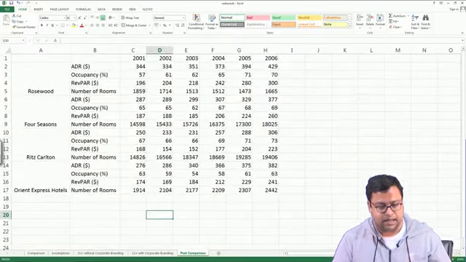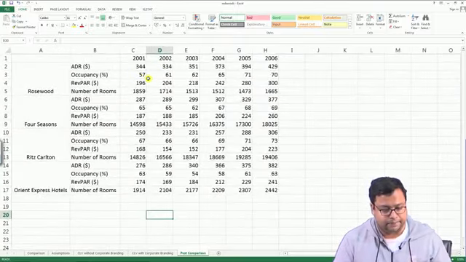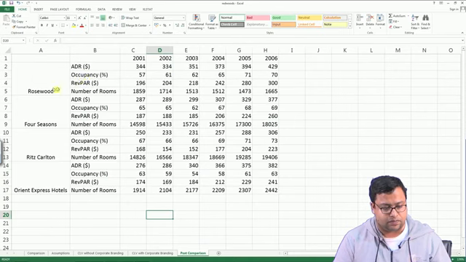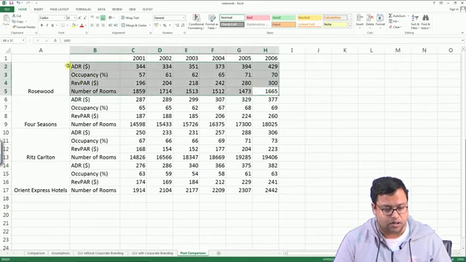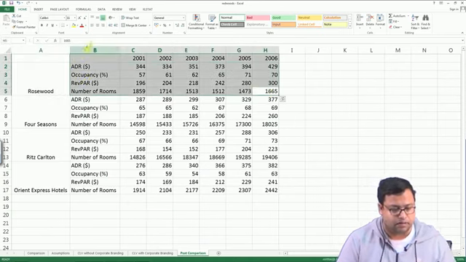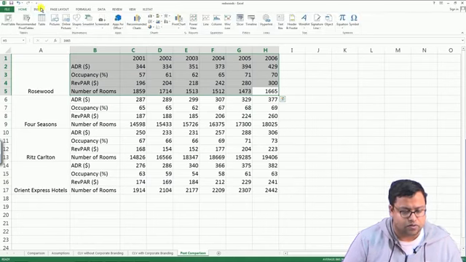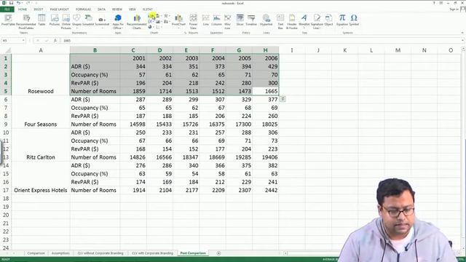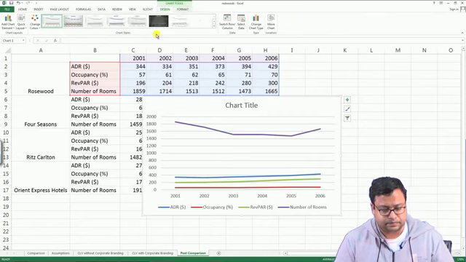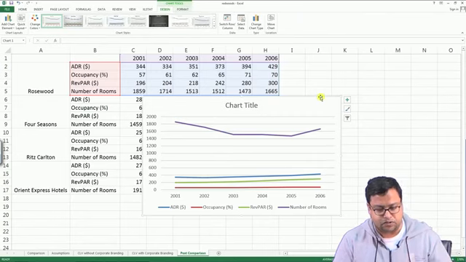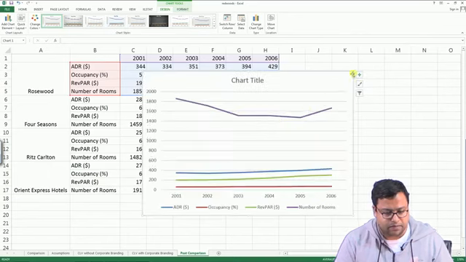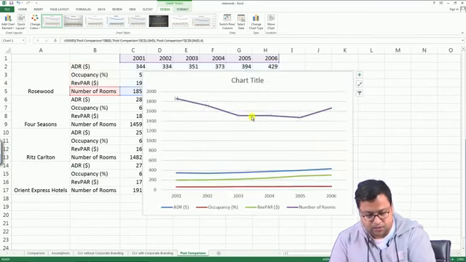You will see that up to 2003, this was the situation for Rosewood. If I just plot only Rosewood's data, I forget about the other one. So, I will just focus on Rosewood's performance. Just check Rosewood's performance, and the big number of rooms I will just delete, I do not need that.